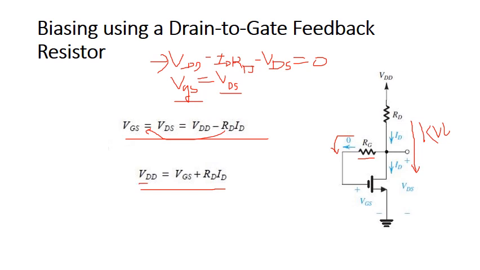Now VDD is fixed. If by any chance ID increases, then to make this quantity equal to VDD, one of the quantities should decrease. Since ID has increased, RD cannot decrease since RD is fixed. In that case, only VGS has to decrease. If VGS decreases, automatically ID will decrease. So this brings the ID quantity to be stable.